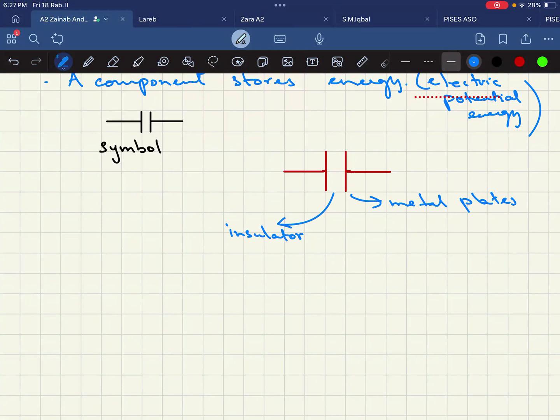In our syllabus, the insulator is only air, meaning free space. But this could be any other insulator as well. Another insulator can be placed between the two plates, but in our syllabus, I repeat, this is just free space. So two metal plates separated by an insulator form a kind of capacitor called a parallel plate capacitor, and we have only the parallel plate capacitor in our syllabus.